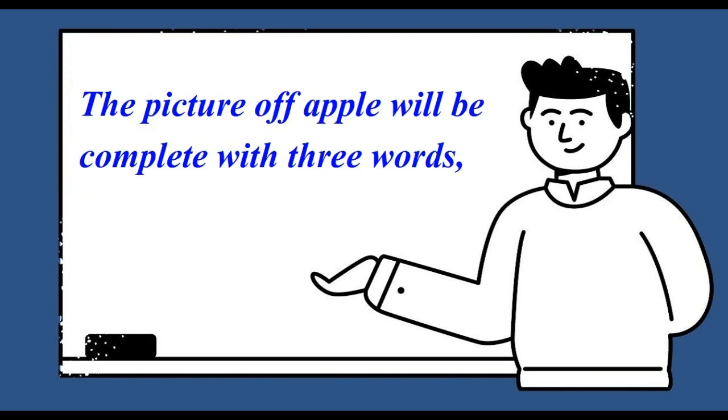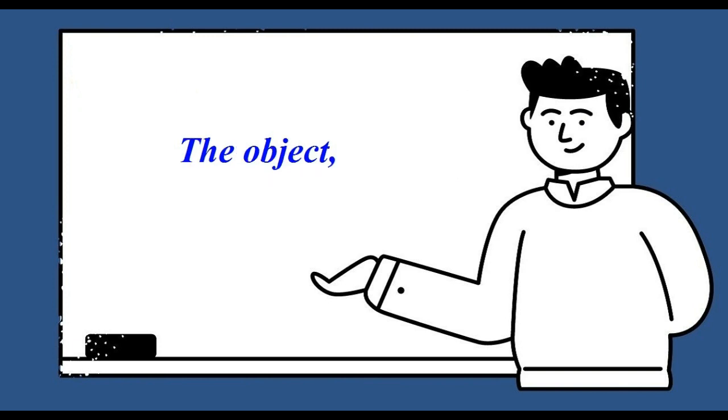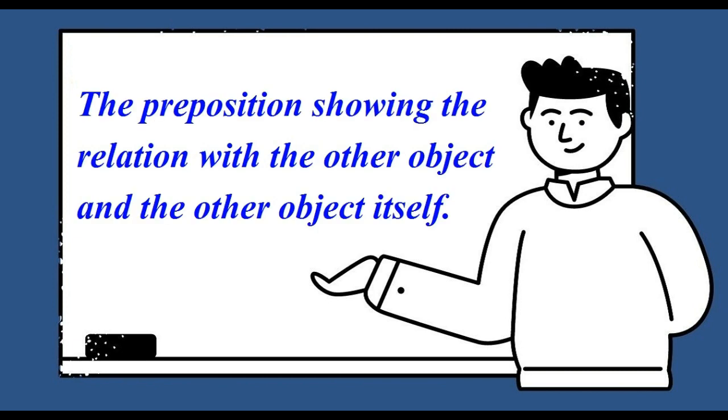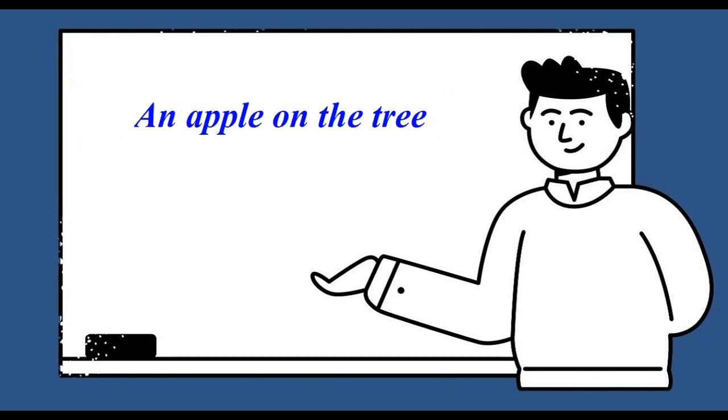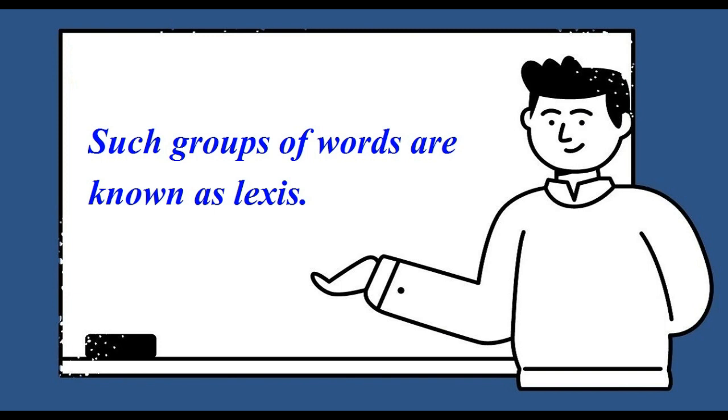The picture of an apple will be complete with three words: the object, the preposition showing the relation with the other object, and the other object itself. An apple on the tree, an apple on the table. Such groups of words are known as lexis.